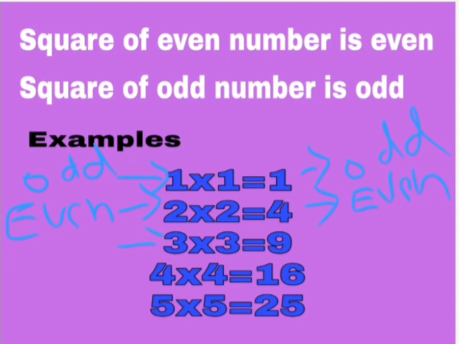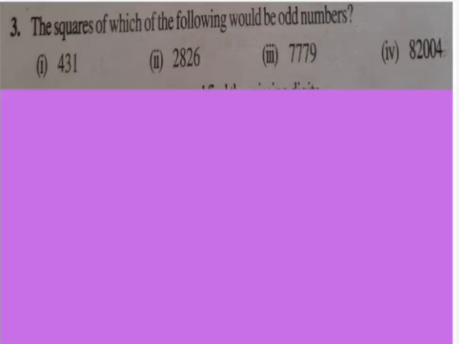Like that, 3 is an odd number, 9 is also an odd number, 4 is an even number, 16 is also an even number, 5 is an odd number, 25 is also an odd number. I think this many examples are enough to say that the square of an even number is always an even number, and the square of an odd number is always an odd number. With this we can solve the third question of our exercise.